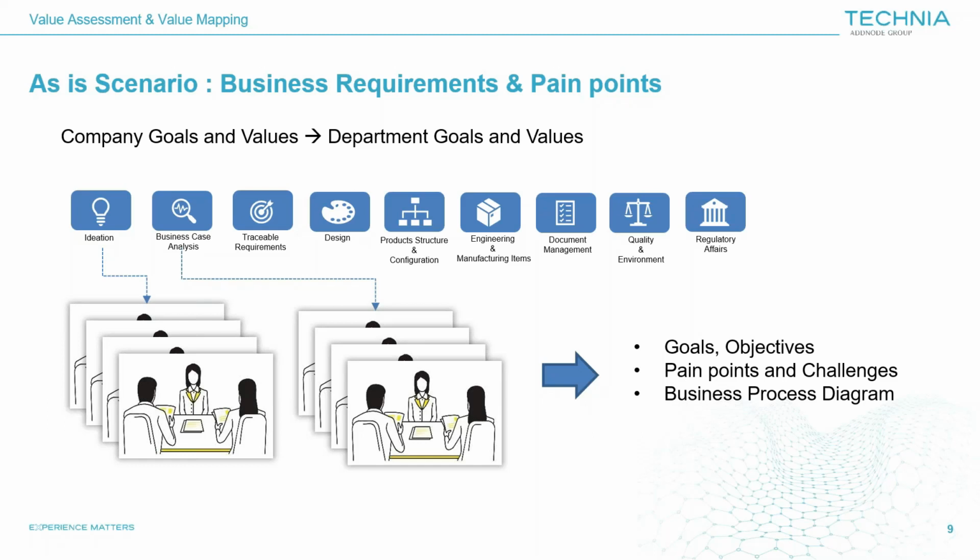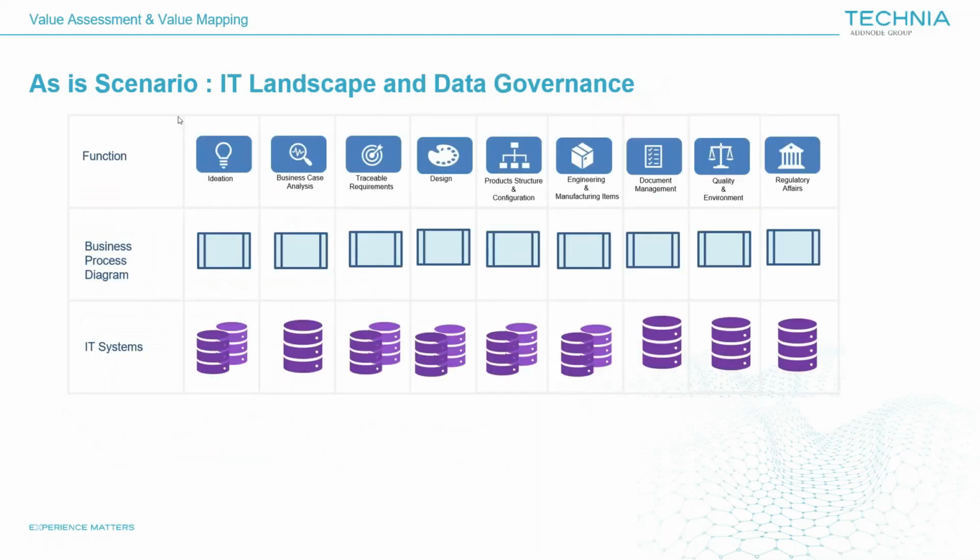Once you have that, the next thing is to look at your IT landscape, because you'll bring a new platform now into your IT landscape. And of course, you'll be removing certain systems, or you'll be connecting to some other systems.